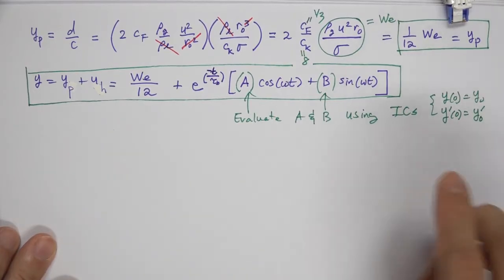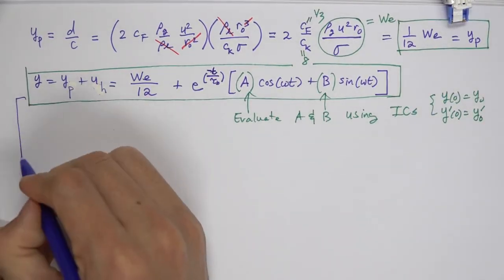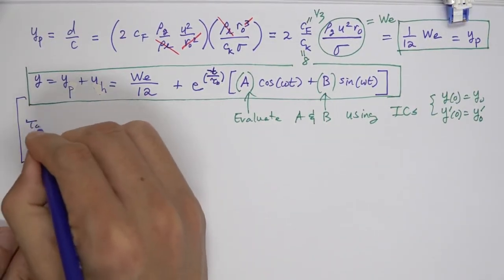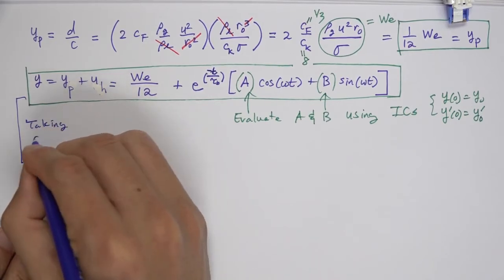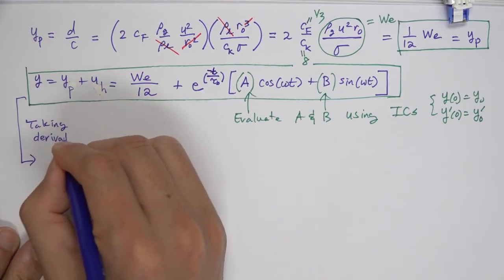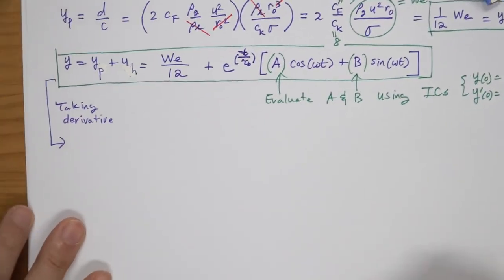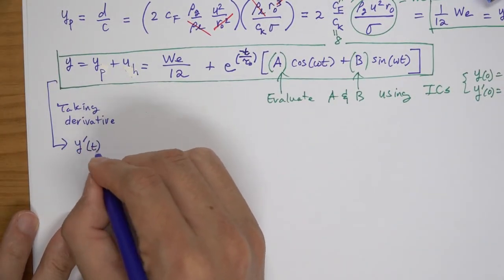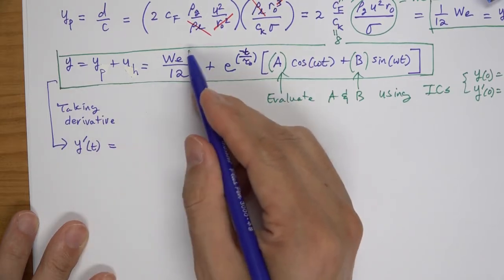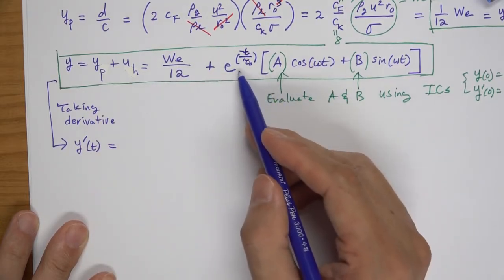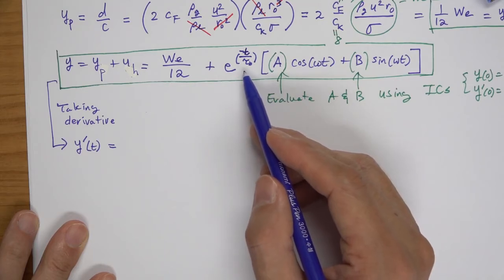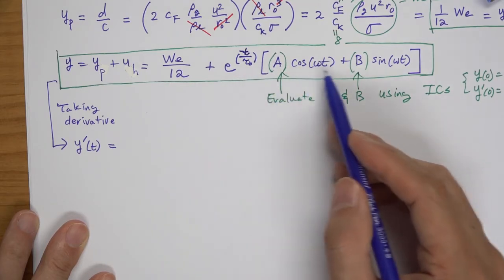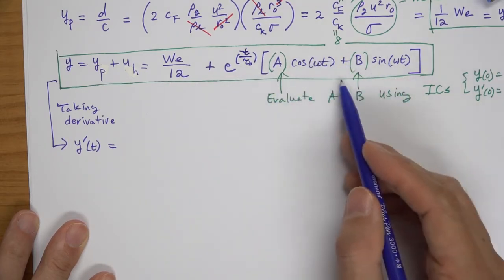Now, can I take the derivative of this? Taking the derivative, y prime t will be, that goes away, right? So this times this derivative, plus this derivative times that.